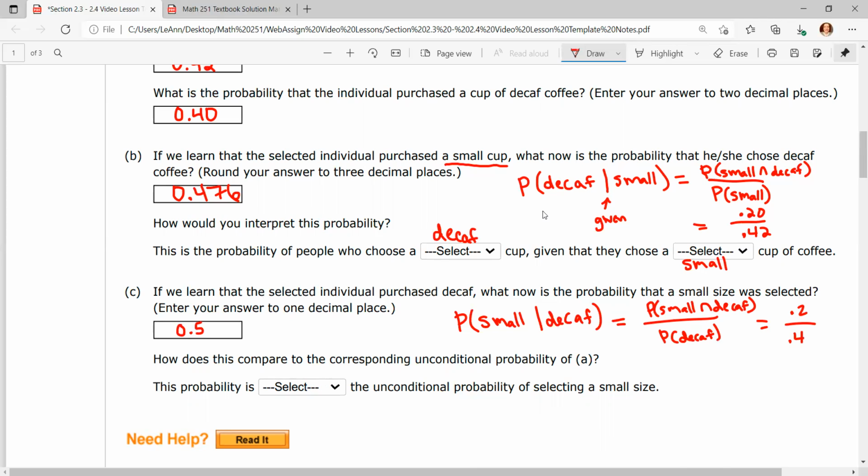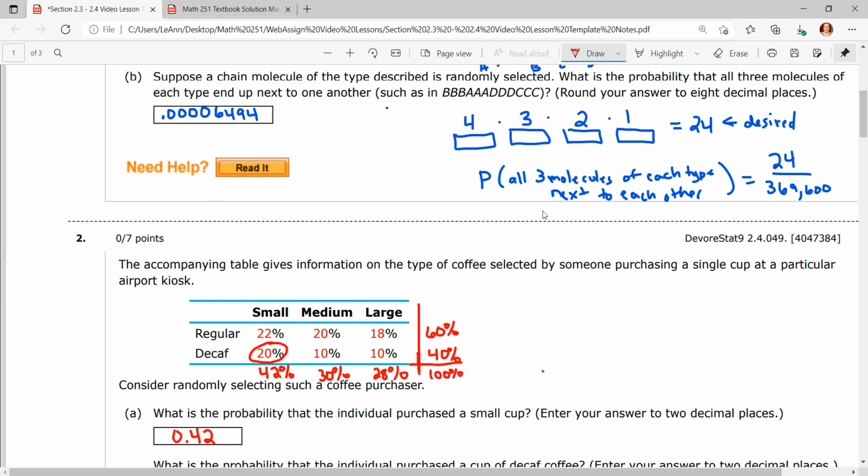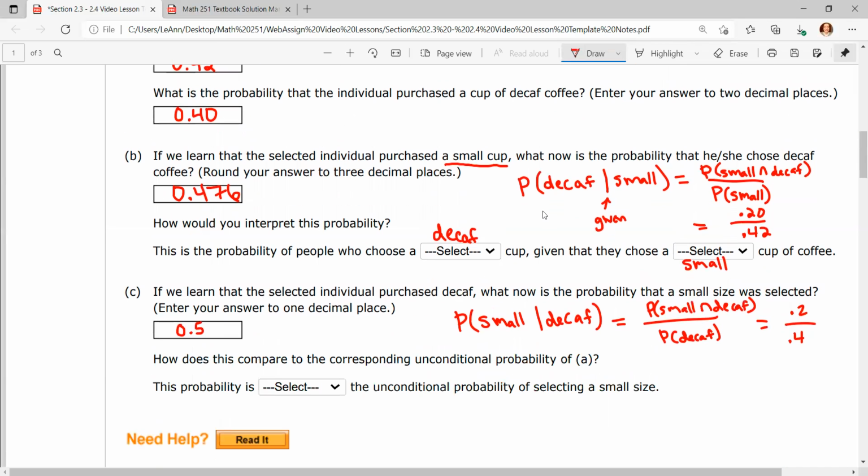So how does this compare to the corresponding unconditional probability of part A? Let's scroll back up. So the probability of small cup was 42, probability of decaf was 40.